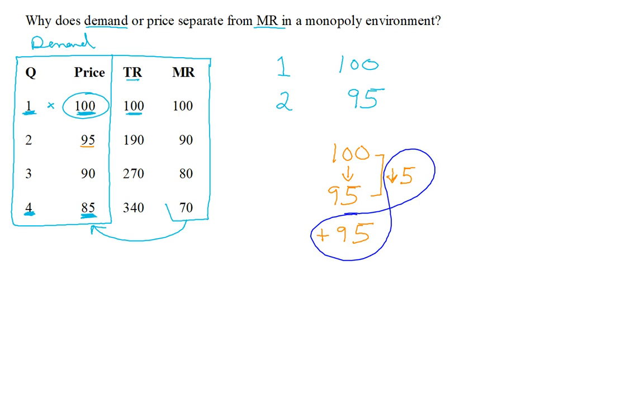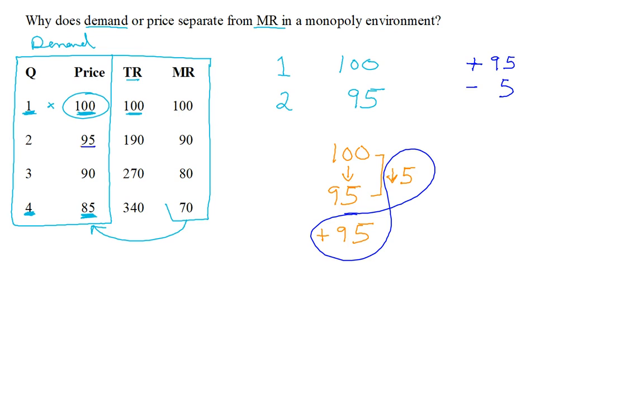What happened here was on unit number 2, the firm added $95 because they sold that second unit for $95, but they lost $5 on the first unit.